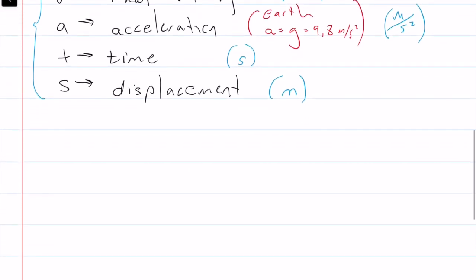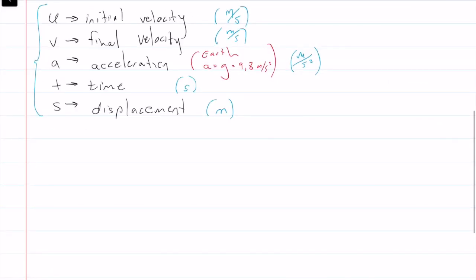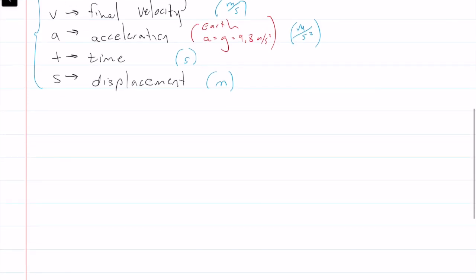Now let's get into our equations. These are on your formula sheet, but they're not too difficult to remember, and once you use them a lot, you'll start remembering them. The first equation is S equals UT plus a half AT squared. The second equation is V equals U plus AT.